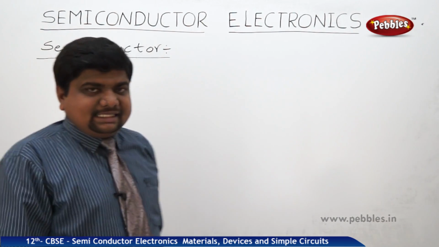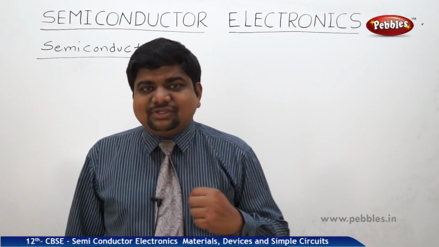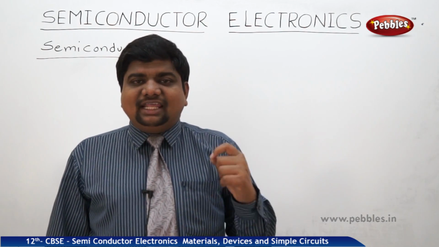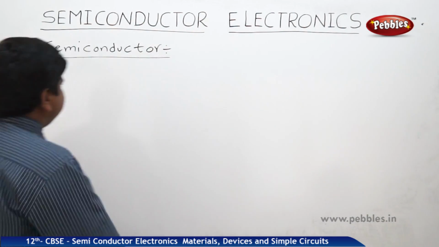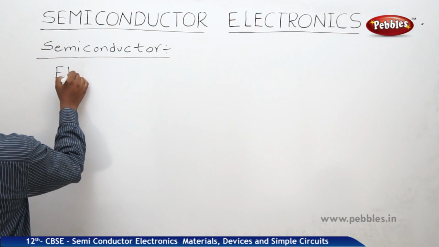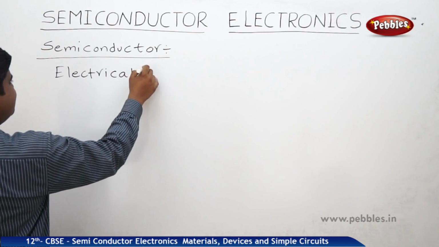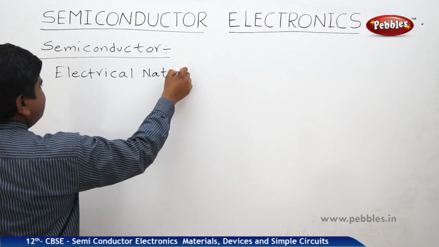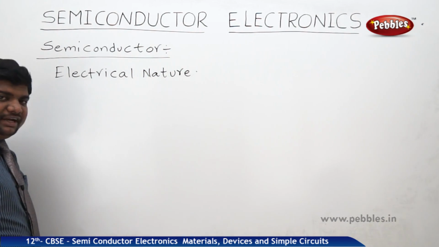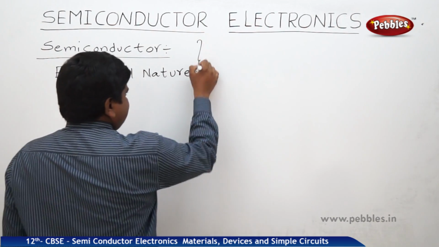Solid materials are classified into three types on the basis of their electrical nature. If the electrical nature is the basis, they are classified into three types.